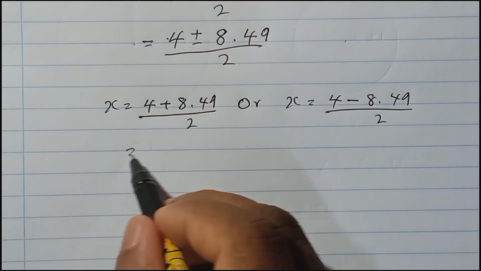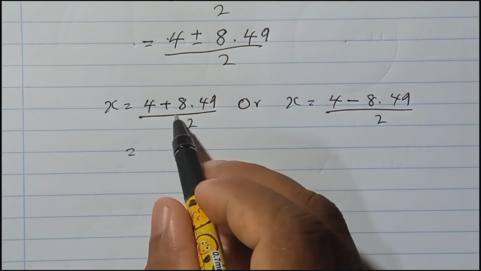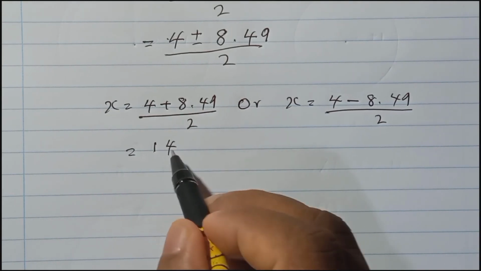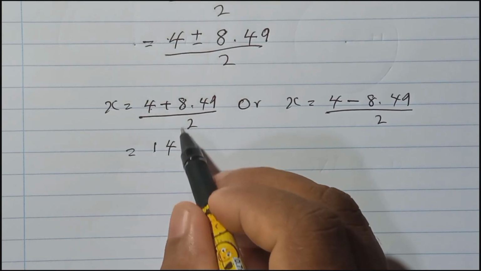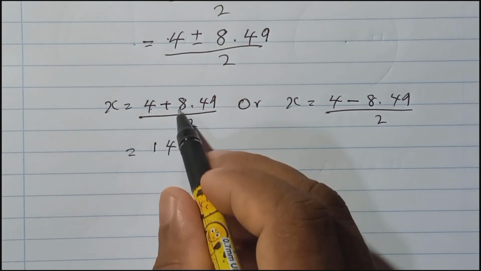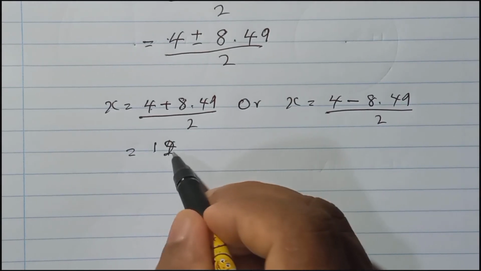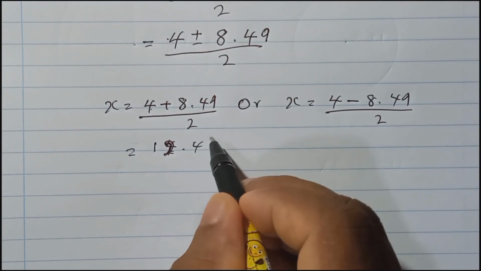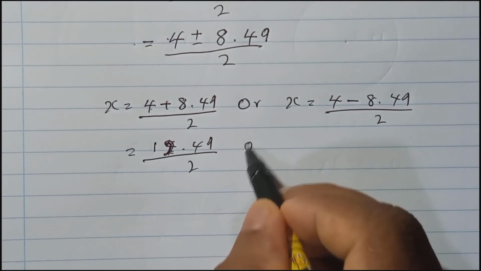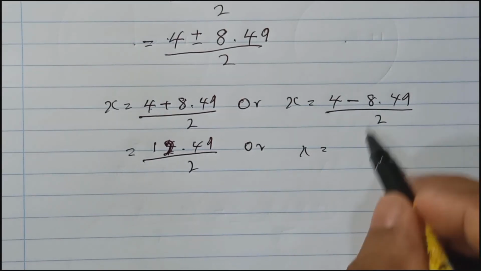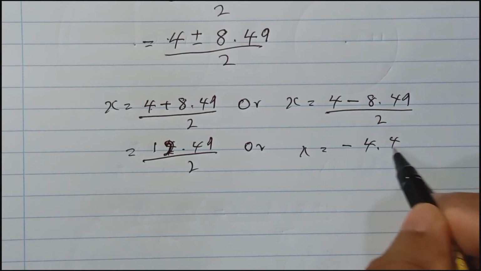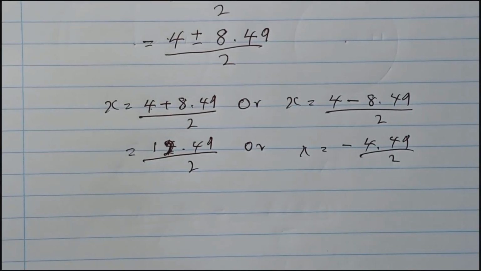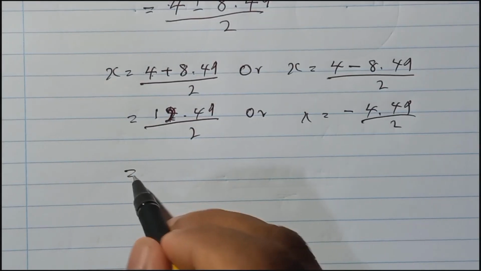Now when you add 4 plus 8, it will be 12, no, sorry, 12.49 over 2, or here will be minus 4.49 over 2. Now you have to get this answer.